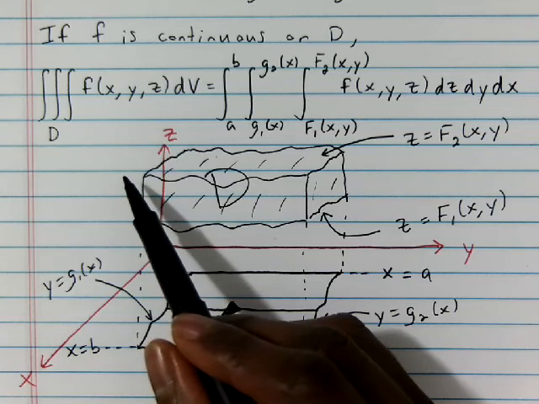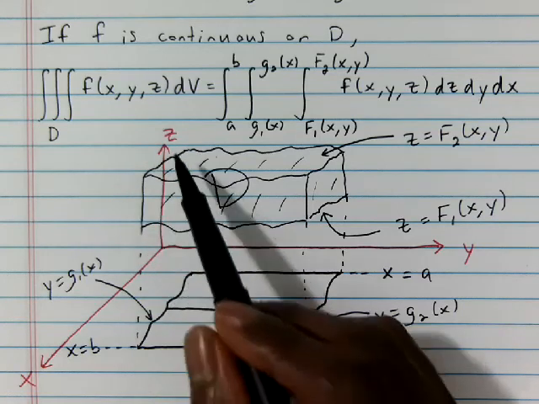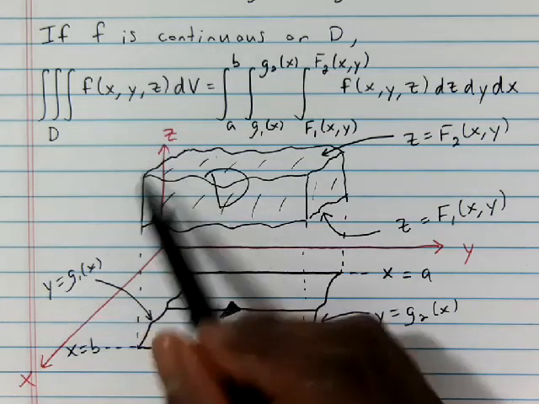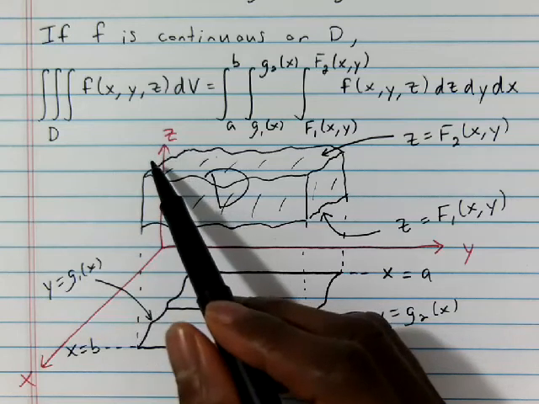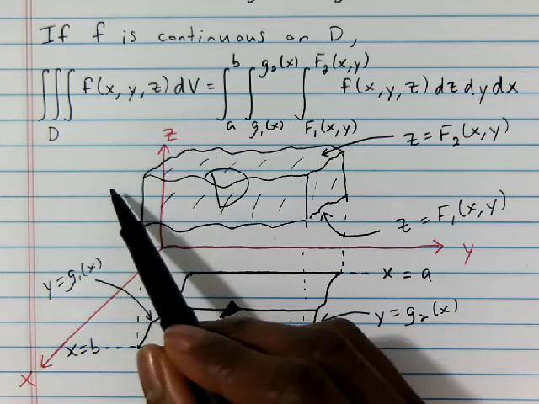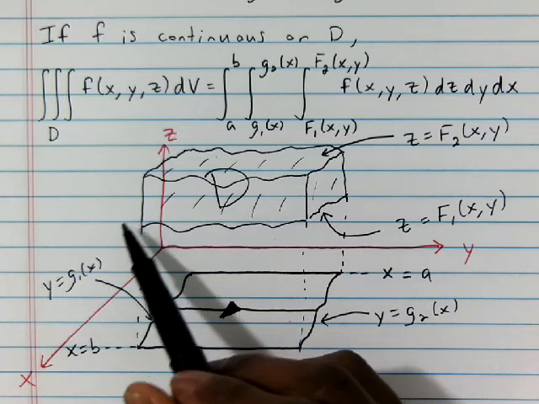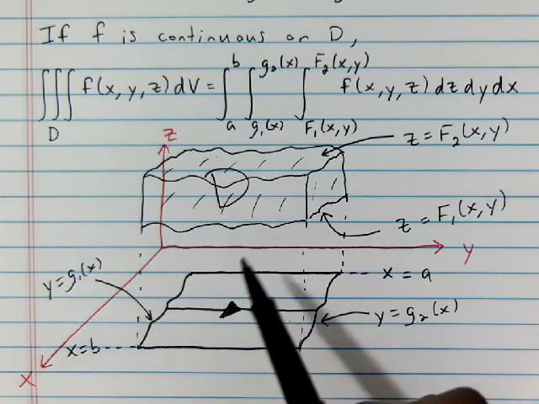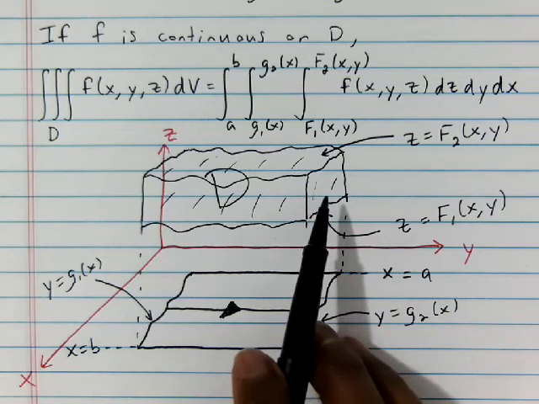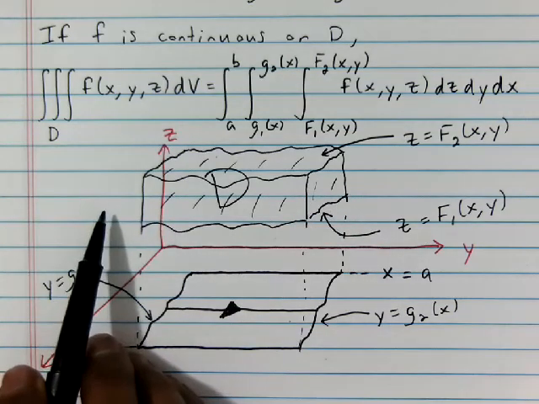The convention is for type 1, because now we're working with X and Z instead of X and Y, the type 1 would go from function to function in the Z direction over there. Type 2 would go from function to function in the X direction. So that's an alternative. We take this thing, project it over here to the XZ plane instead.